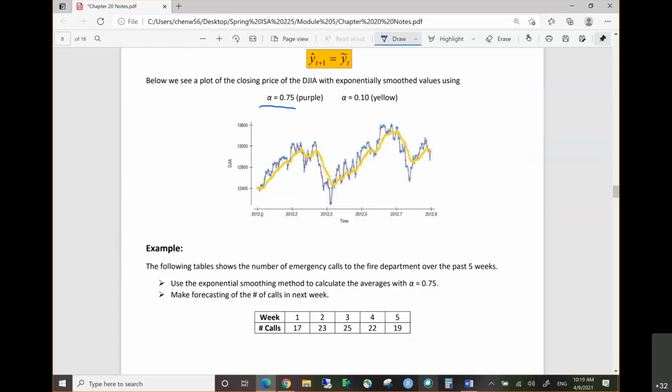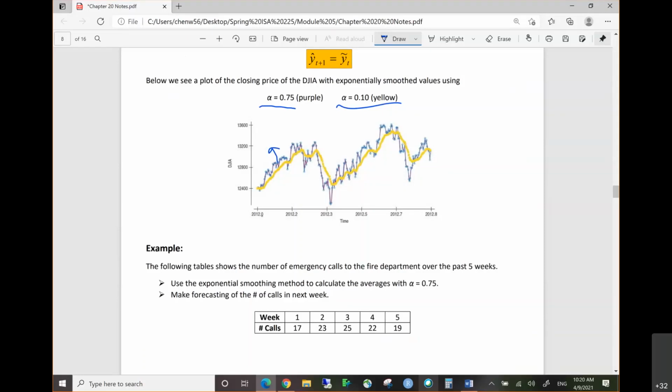The purple one, right? And the other way, alpha equals 0.1 means all the previous values are more important. It will be based on all previous values, so you have a lot of points for the previous values, and it will be a little bit far away from your observed values. It will be more smoothed, the yellow curve.